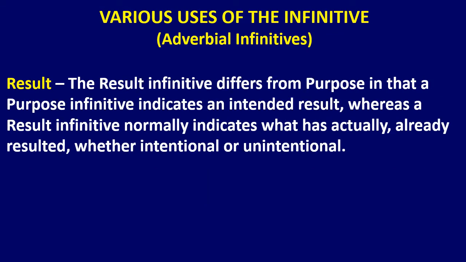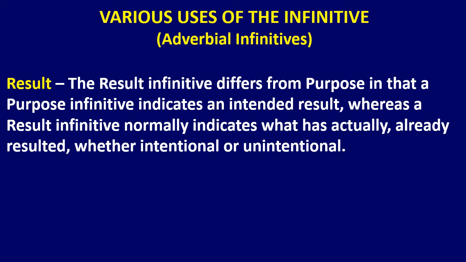Now, a similar but different use of the infinitive is what's called the result infinitive. This differs from purpose in that a purpose infinitive indicates an intended result, whereas the result infinitive normally indicates what has actually and already resulted, not just what was intended. Now, the result infinitive can be expressing the intended result that actually occurs, whether that result was something intentional or unintentional.